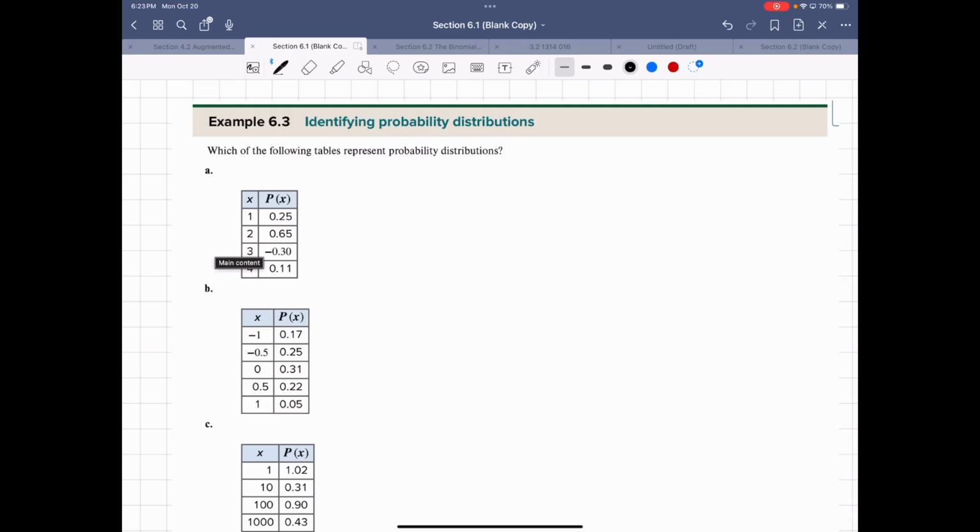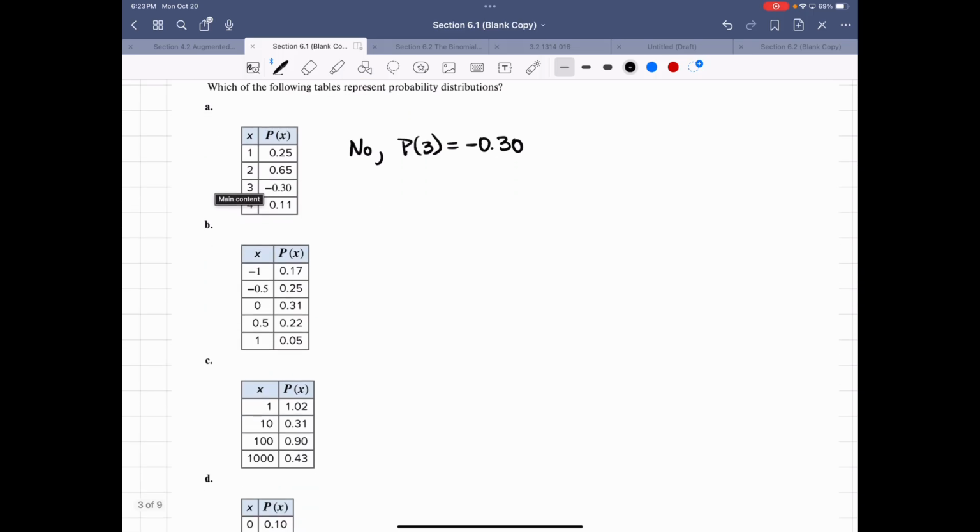So in A, is A a probability distribution? No, because we find P of 3 equals negative 0.30, and we can't have a negative.